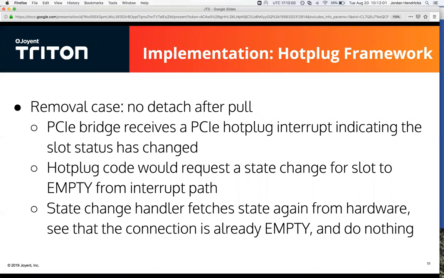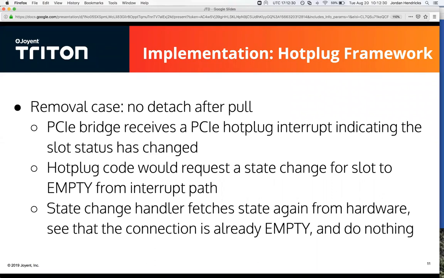So it had gone from having a device present to empty. This would get sent over to the Hotplug framework, and it would try to request a state change for the slot to be empty from the interrupt path, which makes sense because it's now empty. But then the state change handler, which was in another thread, would go fetch the state again from the hardware, reading from that same state that the interrupt came from, and see that the connection was empty and then just do nothing.